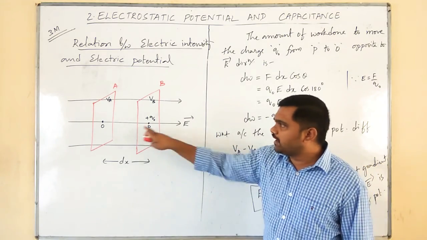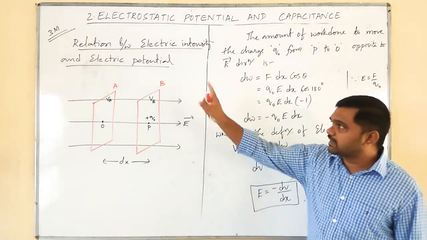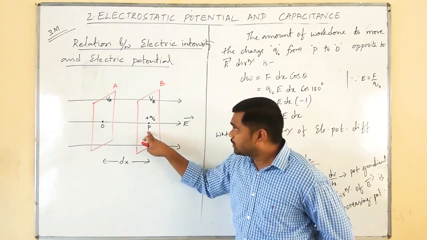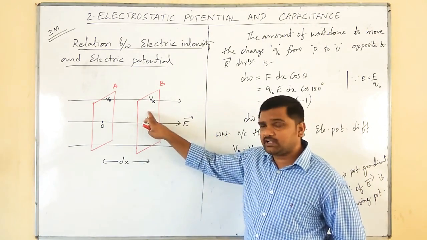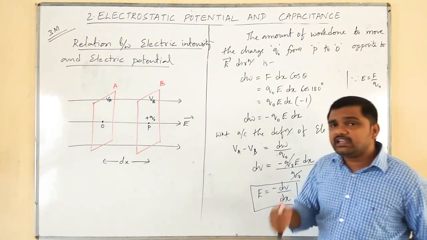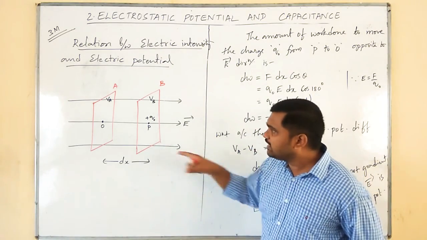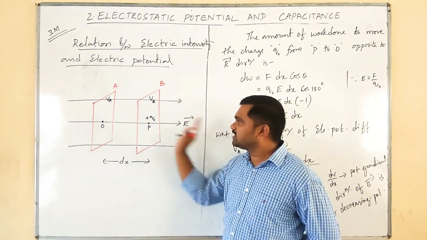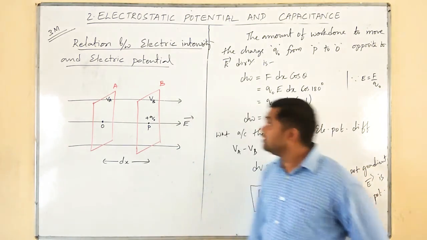I have marked 2 points O and P respectively on A and B. At P I have placed a unit positive test charge plus Q naught. It is my intention to move that charge from P to O against the electric field direction.